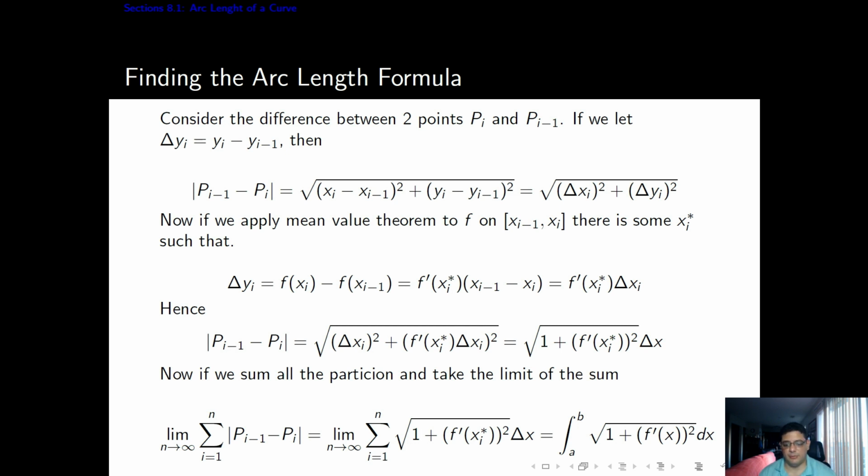That's going to provide me with an integral. So this calculation of the arc length of the curve is going to end up being the integral from a to b of the square root of 1 plus f prime of x squared dx. And so that's essentially the construction of the formula for the arc length.